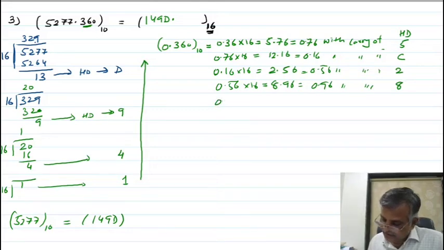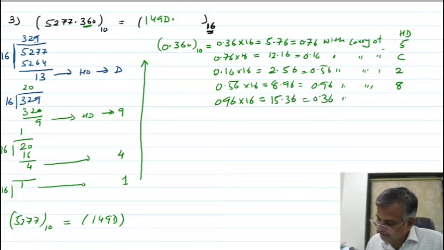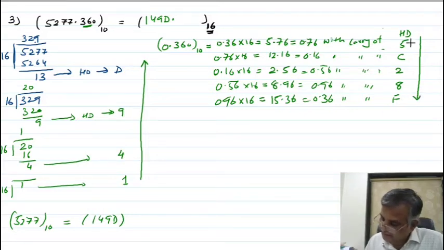Then 0.96 multiplied by 16, I can write 15.36, it is 0.36 with a carry of F, and I told you this is read down. This is your MSB, this is your LSB.